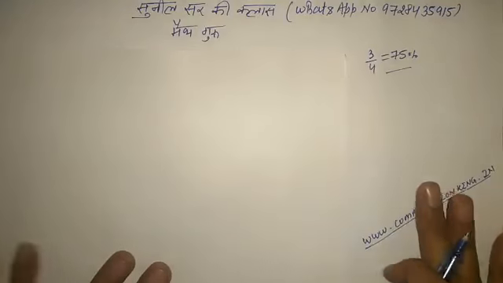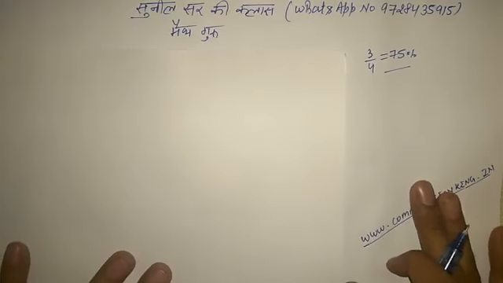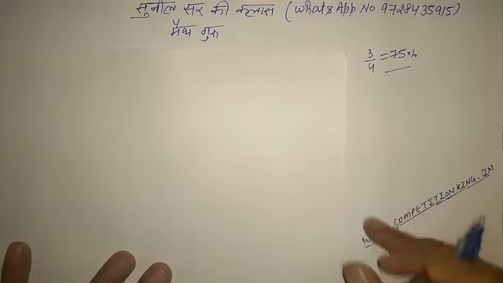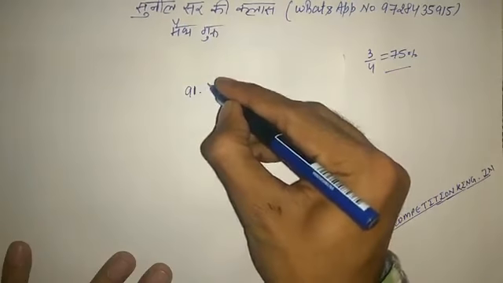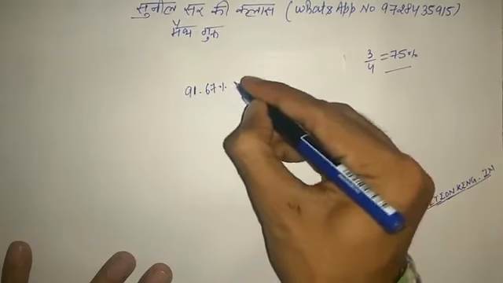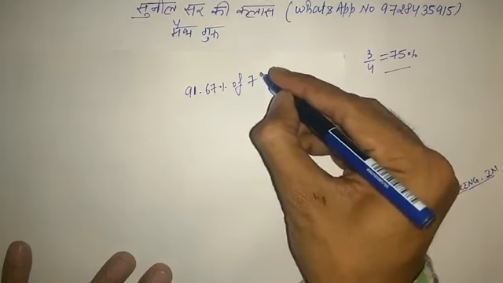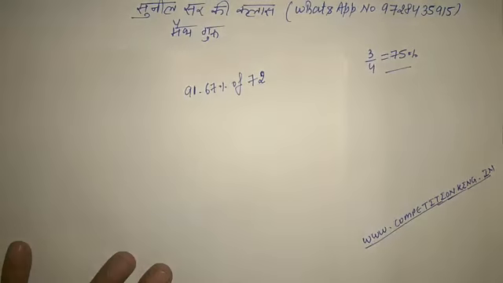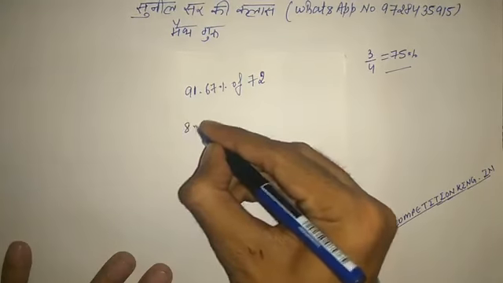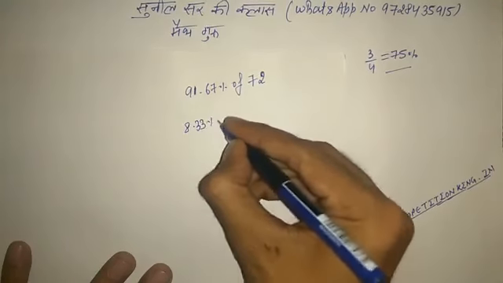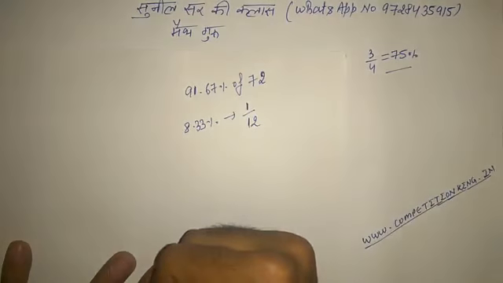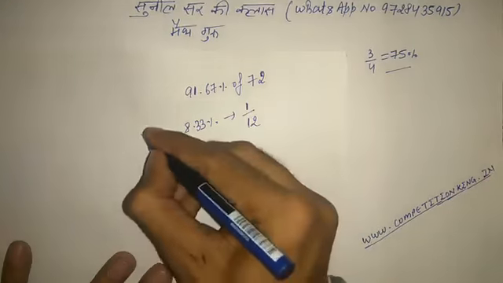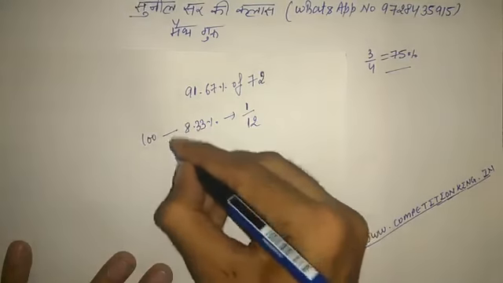Now we will see some of the calculation based on the fraction to conversion table. For example, if we have to calculate 91.67 percentage of 72 by multiplying, it is a very tedious task, but we know 8.33% is 1 by 12, and if I subtract this from 100, what will I get?